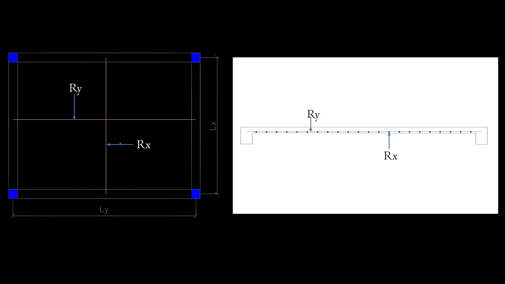So if you cut a section along the horizontal axis, you have something like this. Because if you cut a section, you'll be seeing the cross section of RX, and we'll be seeing the total length of RY. So this is how the reinforcement is going to be positioned.